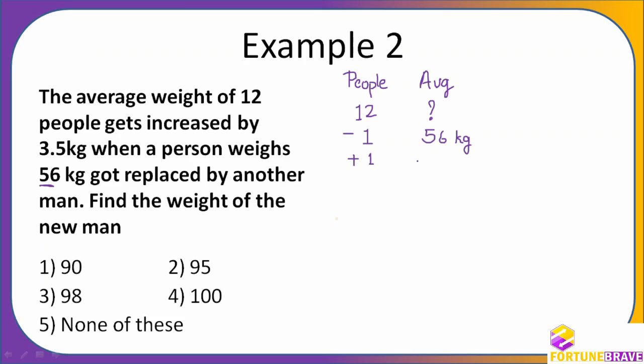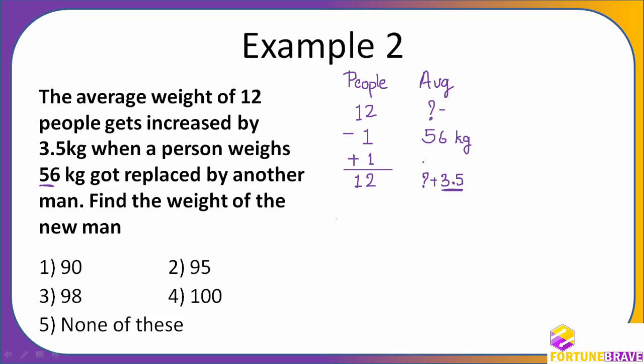Now the total number will remain 12 here. And the average weight will increase by 3.5. So whatever this average is, it will increase by 3.5. How is it possible? Just try to understand.